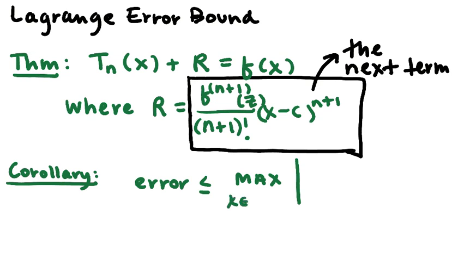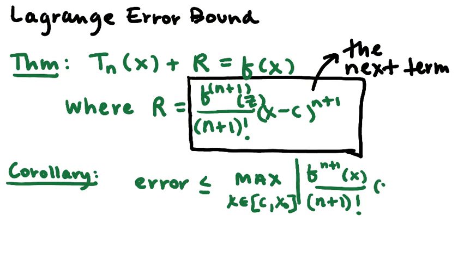And I'm going to say, with no loss of generality, for x being between the centering point and the point that we're interested in using for our approximation, of the n plus first derivative of f, over n plus 1 factorial, times x minus c to the n plus 1. All right. Really what we're thinking is maximum possible value of the next term. That's the Lagrange error bound.